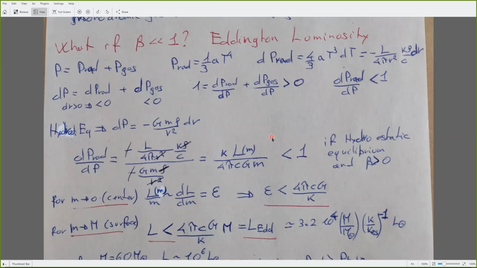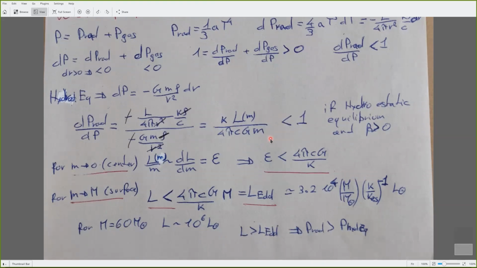You can see this especially in massive stars, but in the accretion disk it's also quite common that the luminosity causes the disk to be disrupted, because it produces too much luminosity and the pressure pushes away the gas.